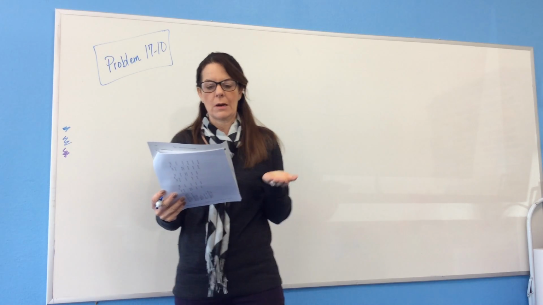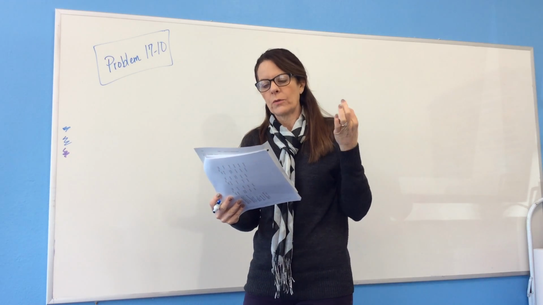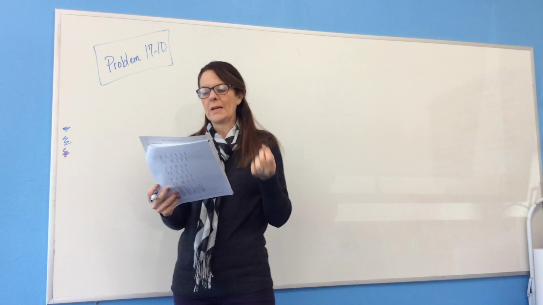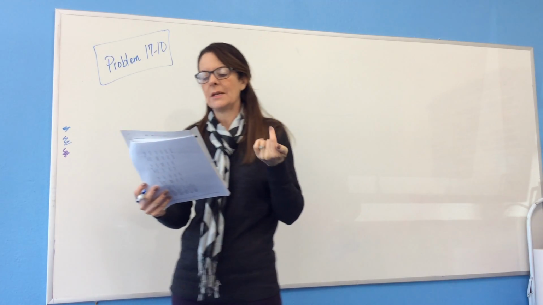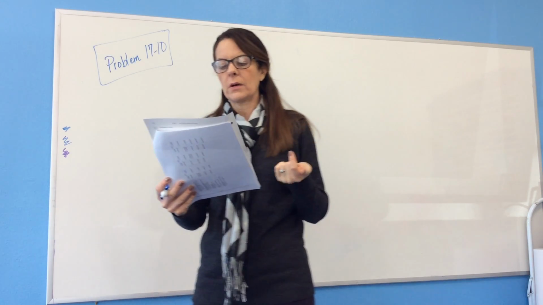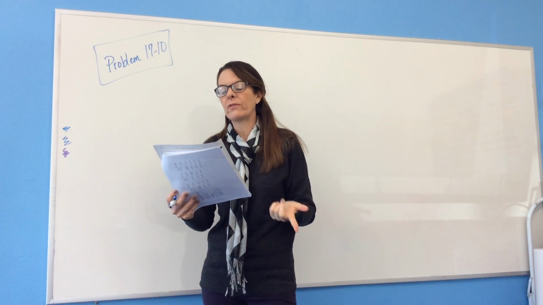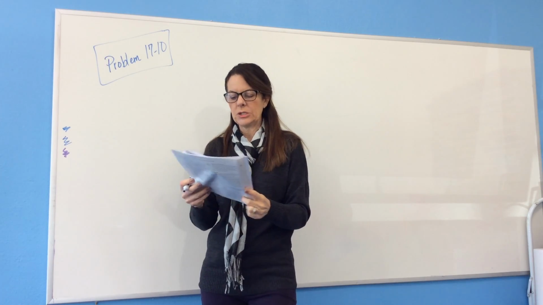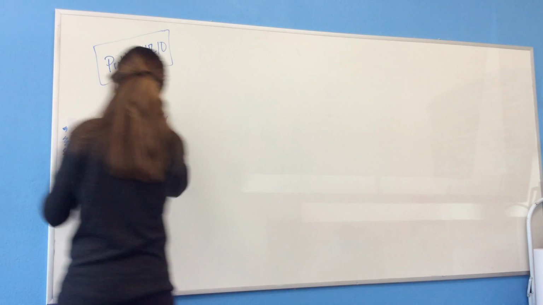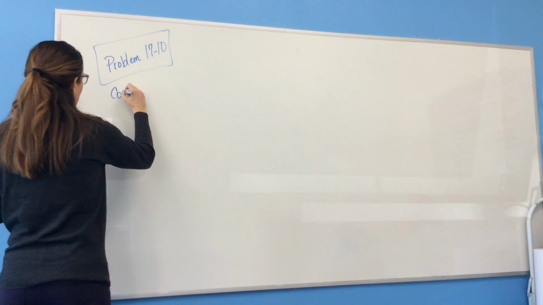You have information there on page 59 from 2019, 2020, and 2021. Number 1 says, calculate the estimated total gross profit on the contract as of December 31st of 2019, 2020, and 2021. So the first thing we need to do is figure out the contract price.